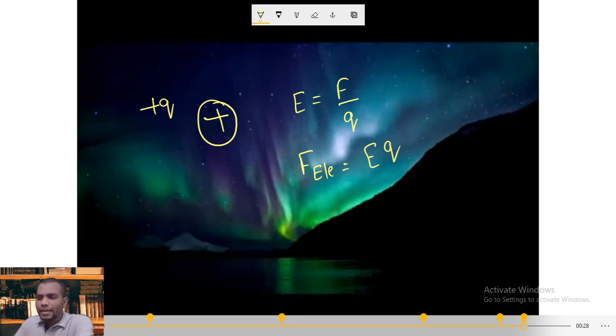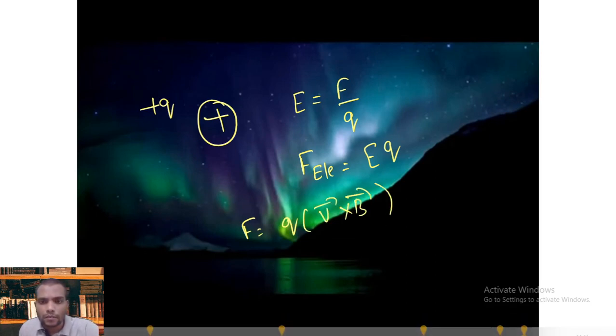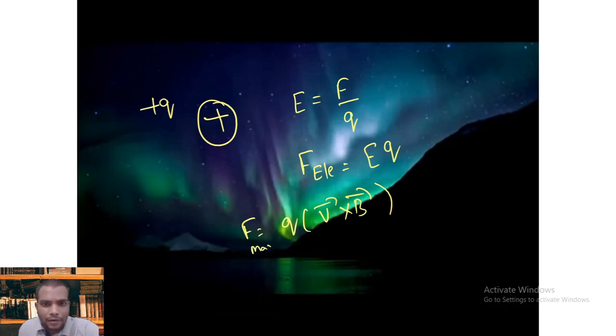Right now we learned that a charged particle also experiences a magnetic field. For that, we got F equal to q times v bar cross B bar. This is the force due to magnetic field.